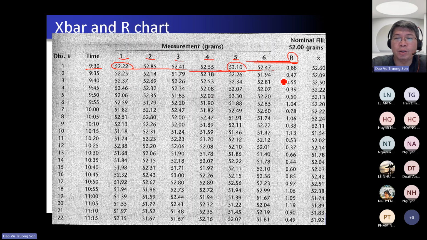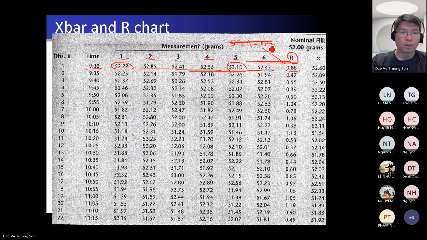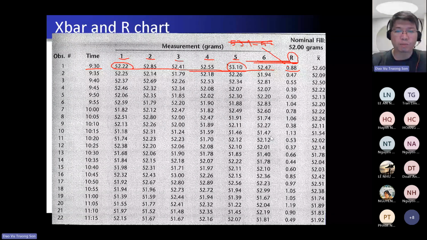All right, so the range here: R1 is 53.1 minus 52.22. Okay.